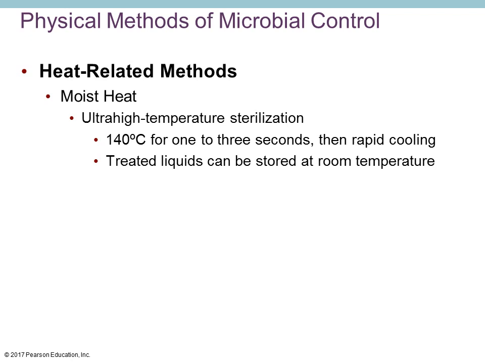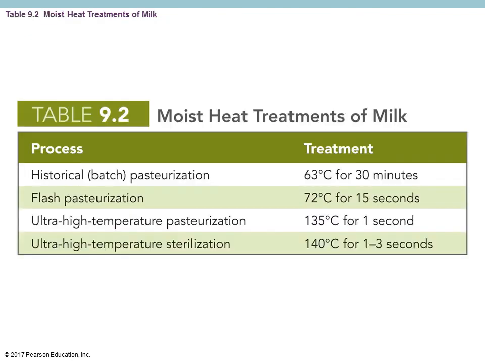Those fluids then actually can be stored at room temperature. So this is showing some of the differences between the pasteurization methods. Flash pasteurization is 72 degrees C for 15 seconds. Notice that the higher temperature you go, the less time you have to go for.